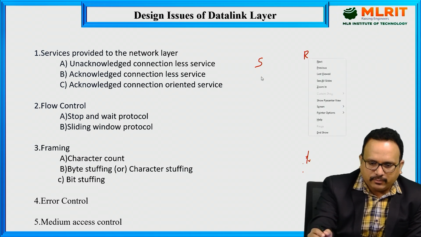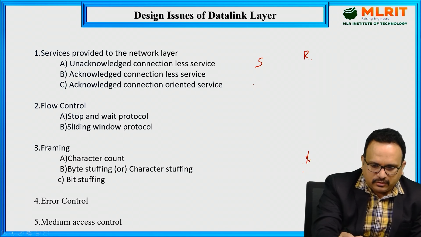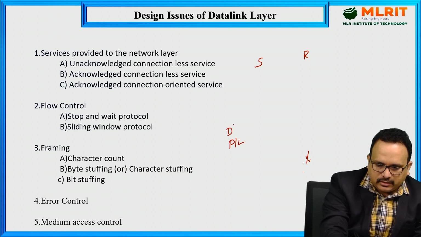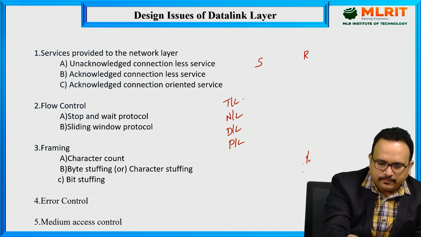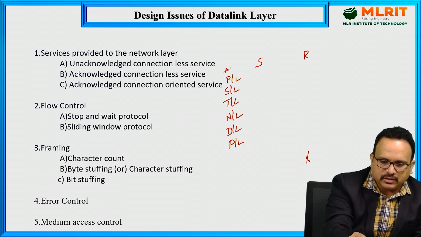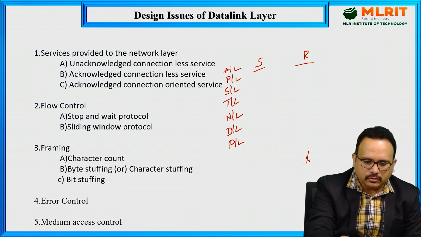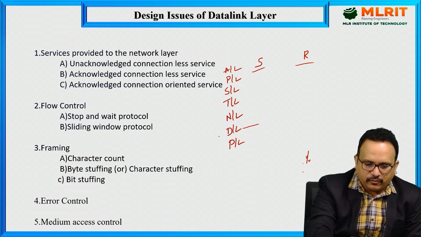The data will be transmitted through physical layer, data link layer, network layer, transport layer, session layer, presentation layer, application layer. In the same way, we will be having at the receiver side also. So in this particular data link layer, the data will be transmitted in the form of frames usually.